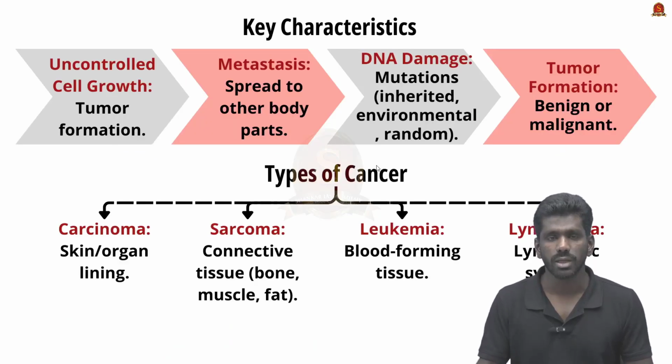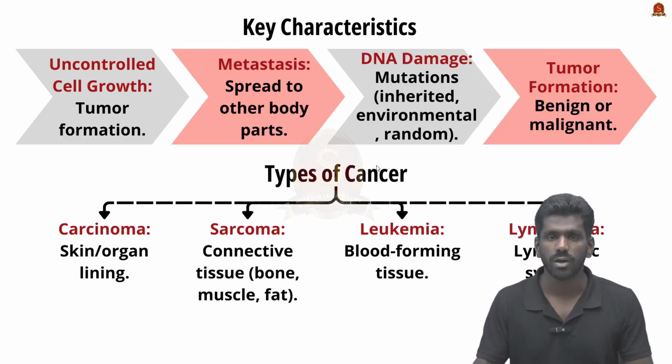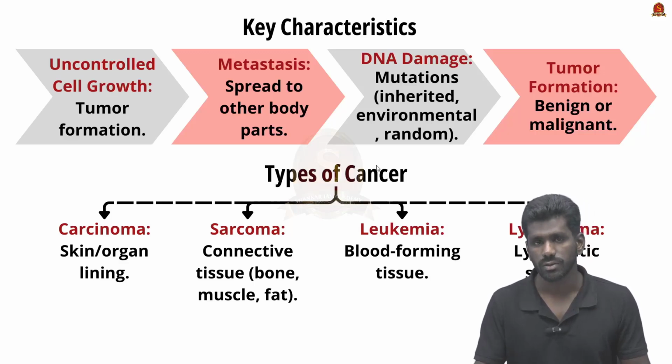Now let us see the key characteristics of cancer. See, cancer cells divide and multiply without normal regulatory signals which control cell growth. So this leads to formation of tumors or abnormal tissue growth. As I said earlier, there is a program in every cell which causes its death. If the programmed death for a normal cell doesn't happen, then it develops into a cancer cell.